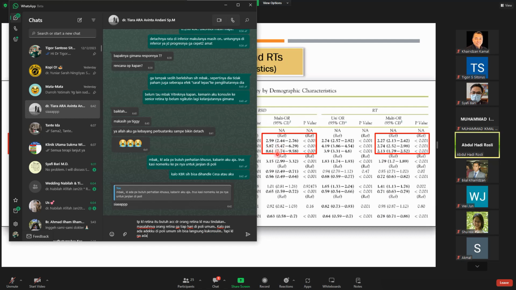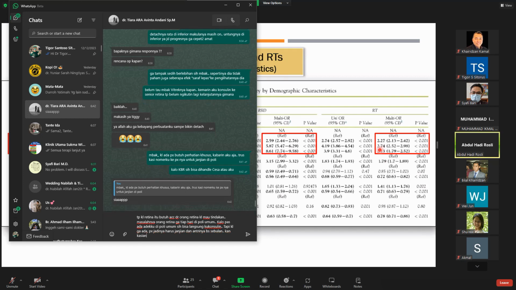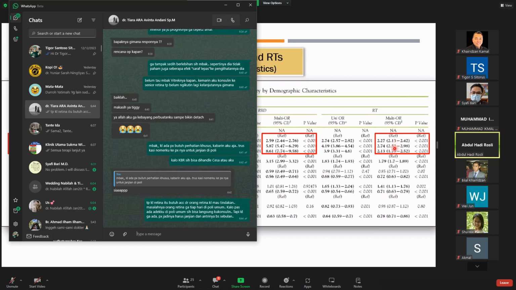When they compare between 40 to 50, 51 to 60, and 61 to 70, the age group of 40 to 50 has the highest odds ratio for RRD. But for retinal tear, the highest odds ratio is in the group of 51 to 60 years old. Whatever the case, the younger age groups, when compared to the more elderly group, which is more than 70 years old, have a higher risk for RRD and retinal tear.